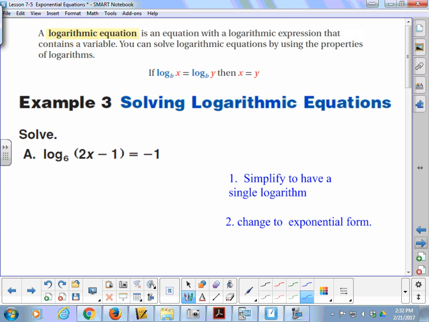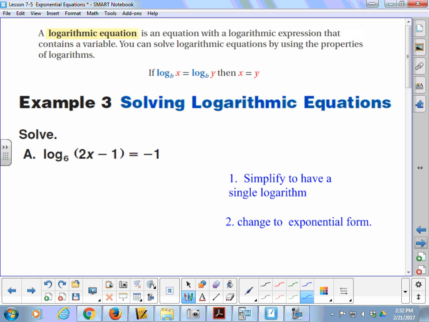All right, so we're going to solve the logarithmic equations now. For exponential equations, we either get the base the same or we take a log of both sides. For logarithmic equations, we want to get a single logarithm so we can change it to exponential form.